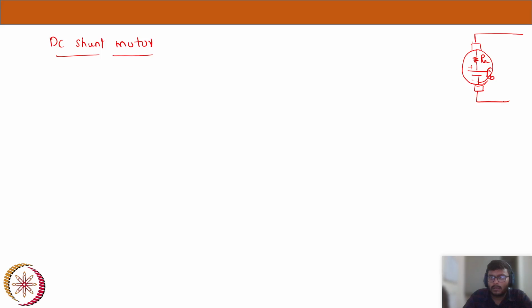I am connecting this in parallel with my armature, so then it is called shunt. This is RSH, and whatever current flows is IF. And now this will be the supply we give.